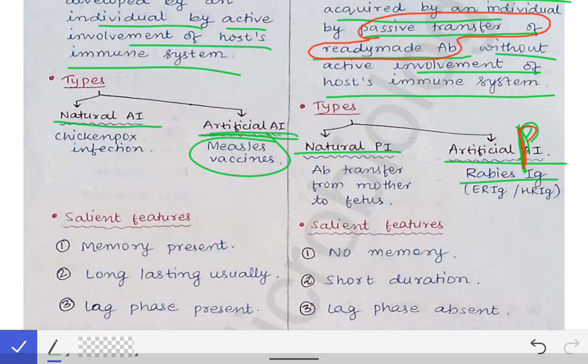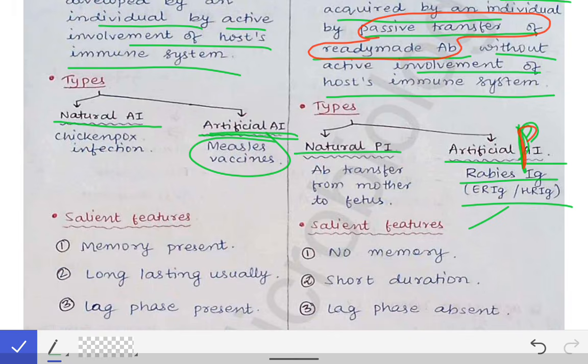That immunoglobulin that we are injecting is HRIG, human origin rabies immunoglobulin, or ERIG, equine origin rabies immunoglobulin. Whatever it may be, as we are injecting it from outside, it acts as the artificial passive immunity. Okay, so that's the difference between the natural passive immunity and the artificial passive immunity.